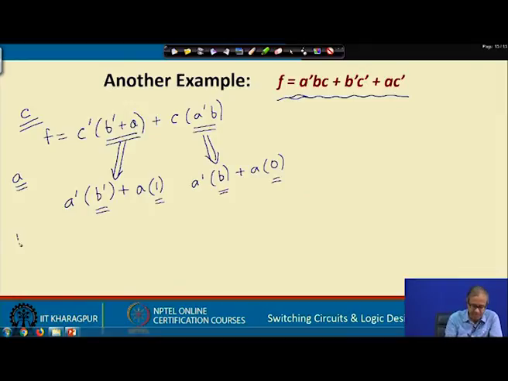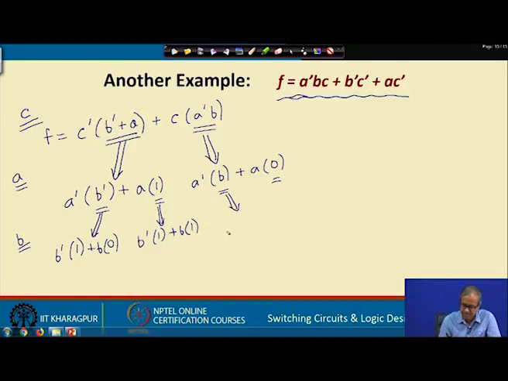Now, we are left with B, okay. We will be expanding with respect to B. So, B bar can be expanded as B bar, replace B by 0, this will be 1, plus B, replace B by 1, this will be 0. And here we have a constant 1, okay. So, if you expand by B, B bar, replace B by 0, there is no B, this remains 1, plus B into, replace B by 1, it remains 1.